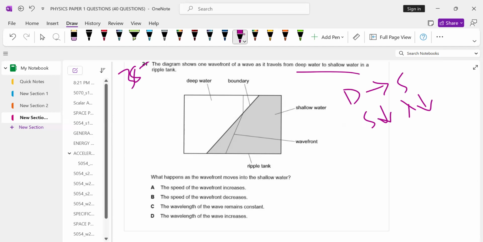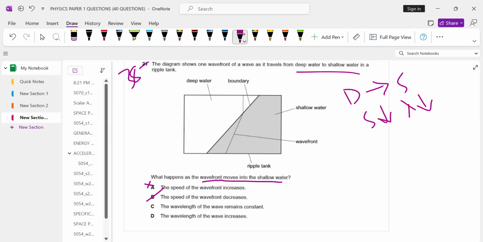So let's read out the options. When this wavefront moves into the shallow water, its speed decreases. Speed of the wavefront increases? No, this is incorrect. It decreases. So option B is correct.